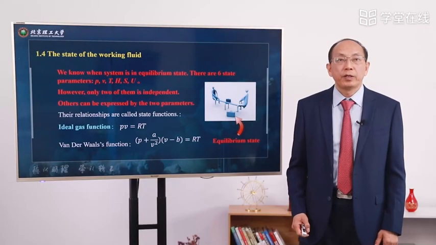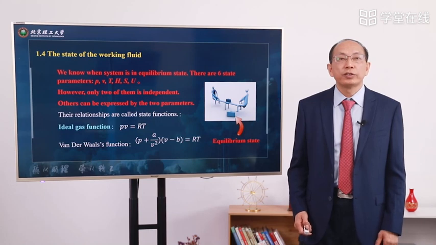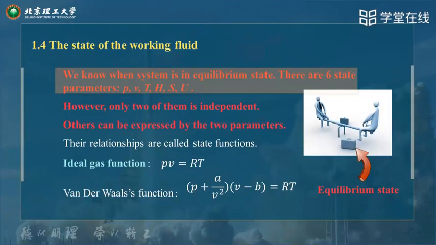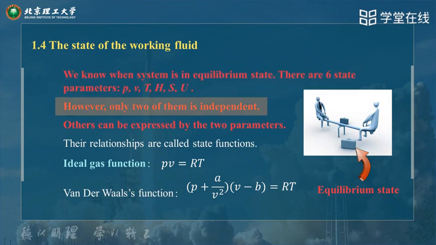Section 4, the state of the working fluid. We know when a system is in an equilibrium state, there are 6 state parameters: P, V, T, U, S, H. However, when we research these 6 parameters deeply, we can find that only 2 of them are independent.